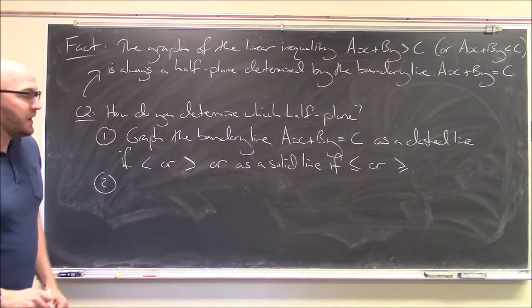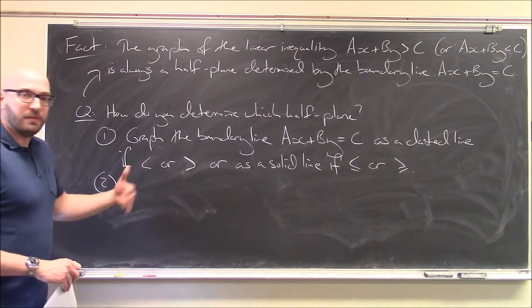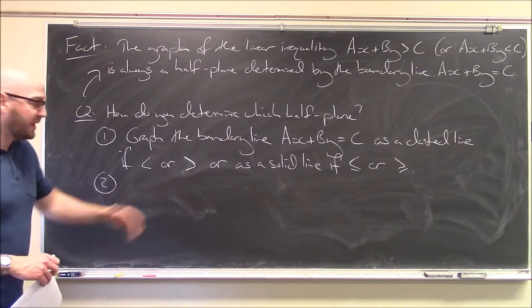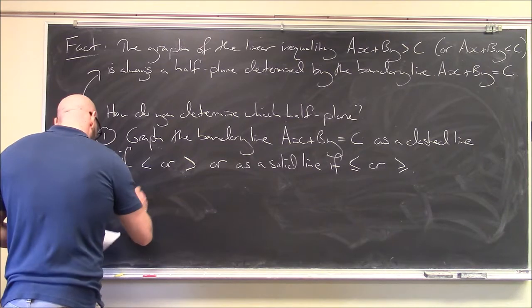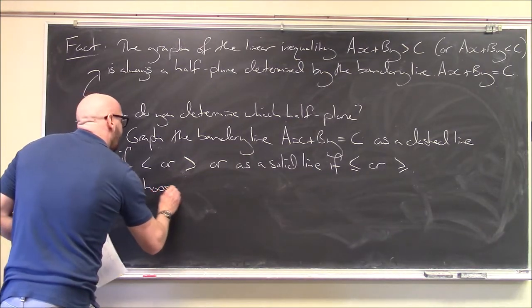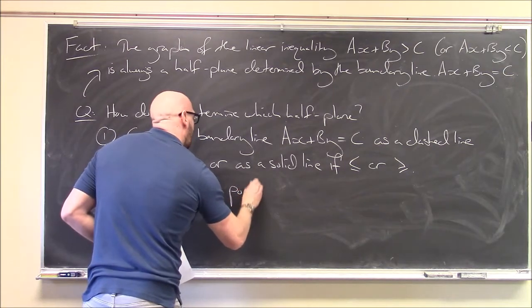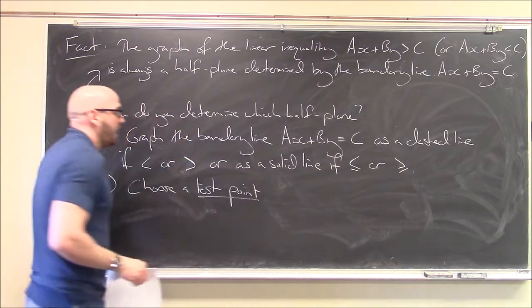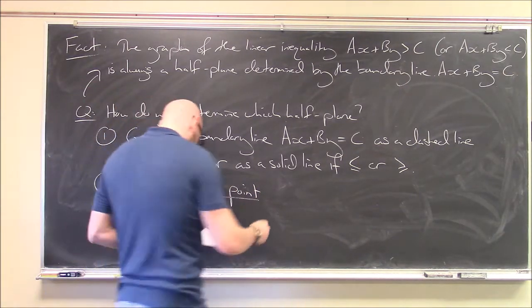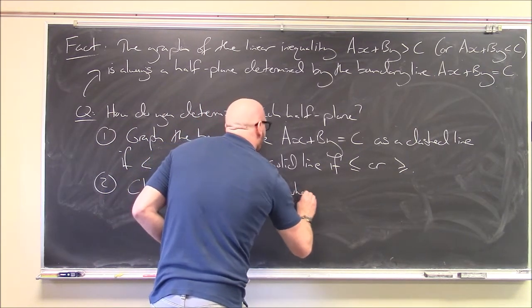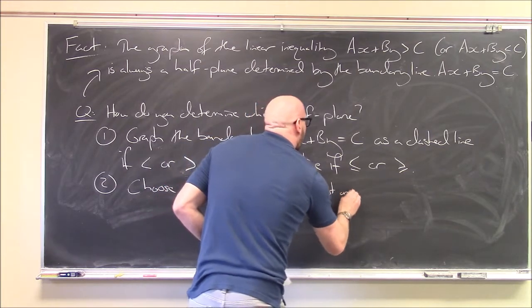And then step 2 is you choose a test point. As we did in the very first example that we did today, choose a test point and plug it in. Alright, so choose a so-called test point from one of the half planes. So choose a test point anywhere not on the line.